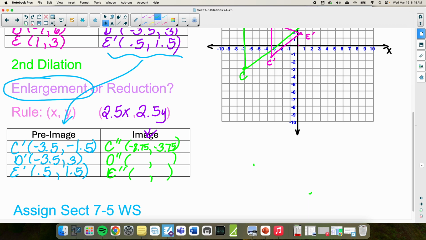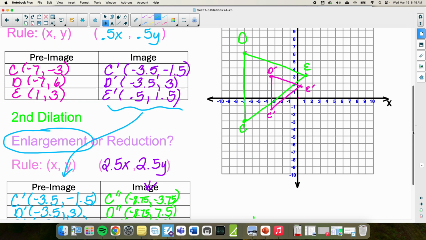Then negative 3.5 times 2.5, we had done that one, so that's negative 8.75. 3 times 2.5 is going to give us 7.5. 0.5 times 2.5 would be 1.25. And 1.5 times 2.5, that one we did up here, it's just negative. This one would be positive, so it's 3.75. Okay, so let's try graphing it.